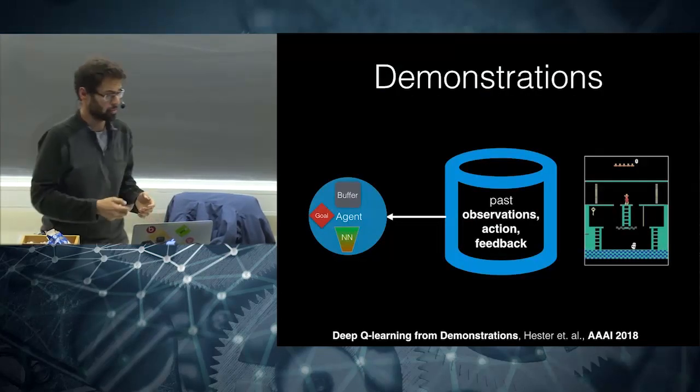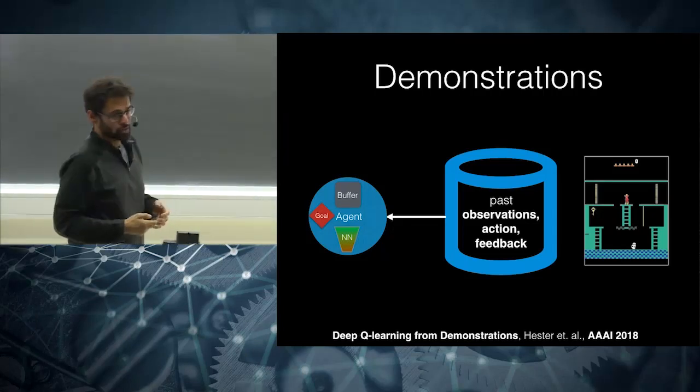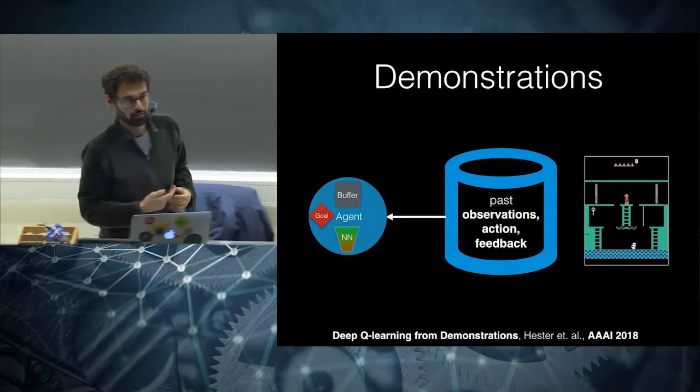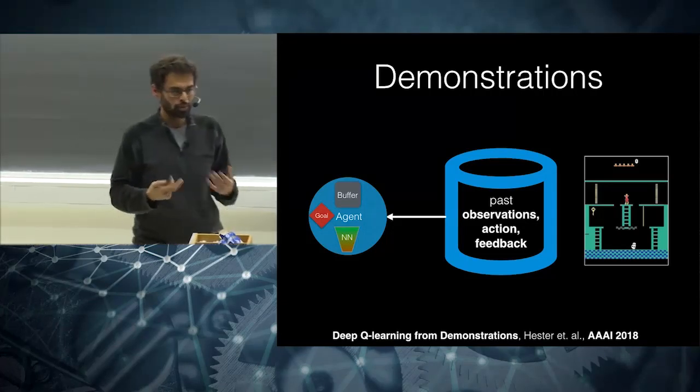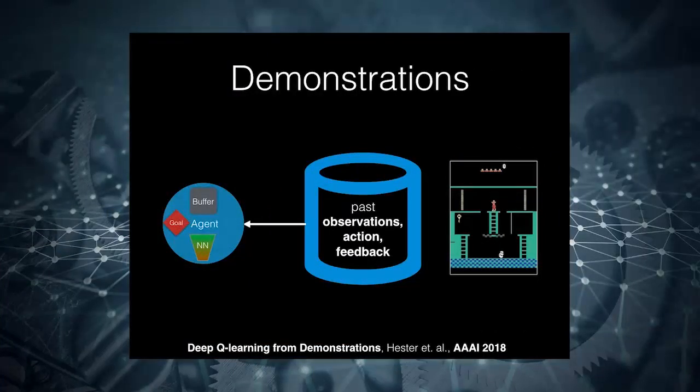So that brings us to one of the ways that you can make an agent more data efficient, and that is by bootstrapping it with old data that you may have already collected, some old control data that can be leveraged. And this is very common in real problems. For example, recommendation systems.